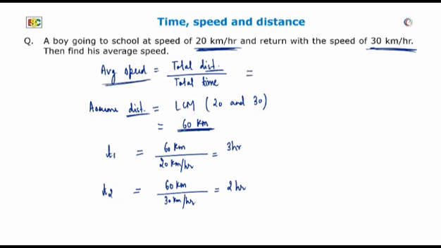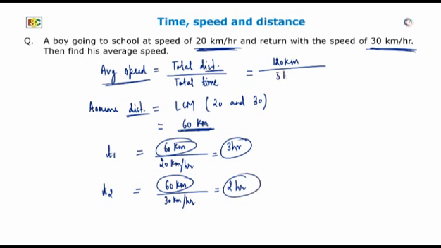So total distance is equal to 60 plus 60, that is 120 km, and total time taken is 3 hours plus 2 hours, that is 5 hours, and this is equal to 24 km per hour, which is our average speed.